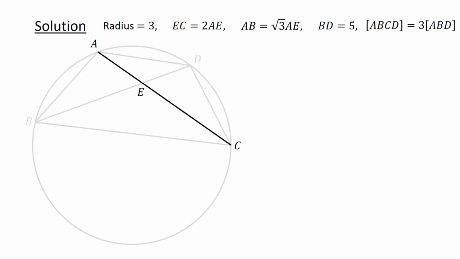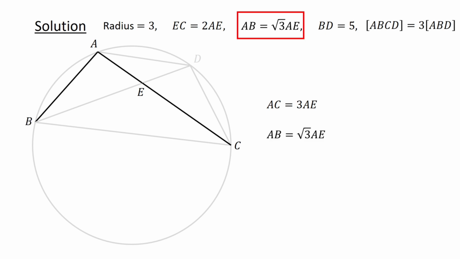Let's start by considering the line segment AEC. We are given that EC equals 2AE. Since AC equals AE plus EC, thus AC equals AE plus 2AE, or 3AE. Next, consider the equation AB equals square root 3 times AE. Squaring both sides, we obtain AB squared equals 3 times AE squared.